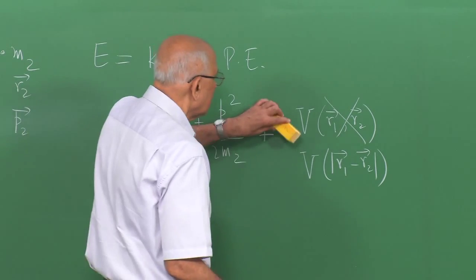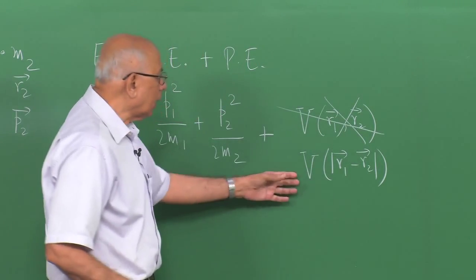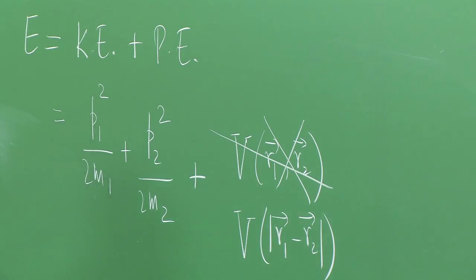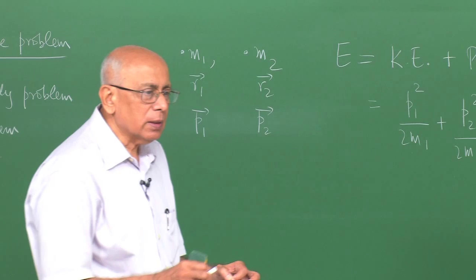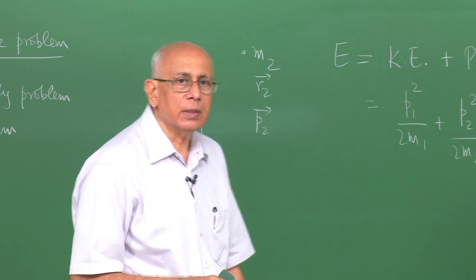So, instead of V as a general function of r1 and r2, we have a potential energy in this case, which depends only on the distance between the two particles. The actual orientation of this vector r1 minus r2 is irrelevant.